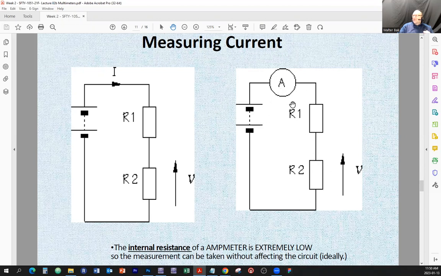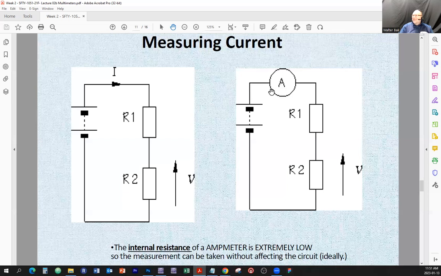So it will be a different circuit altogether. If the resistance is 0, then it's just like having a wire and the circuit is not affected. In reality, this amp meter will have a certain amount of tiny, itsy-bitsy resistance in order to trigger the measuring equipment that's inside.